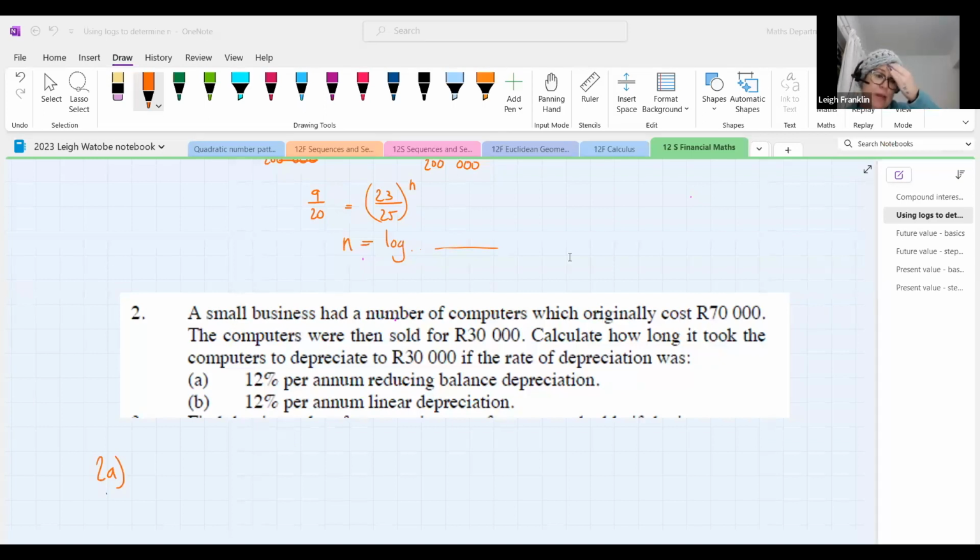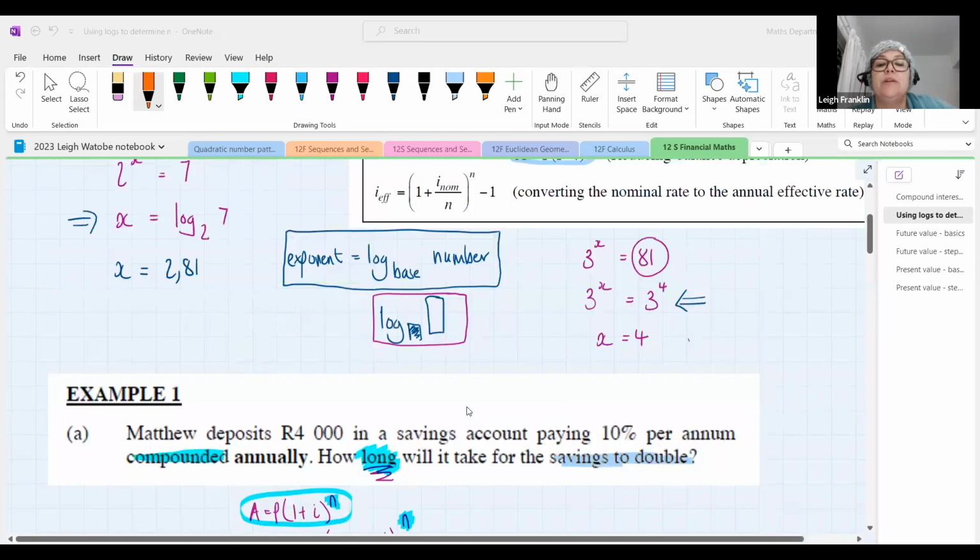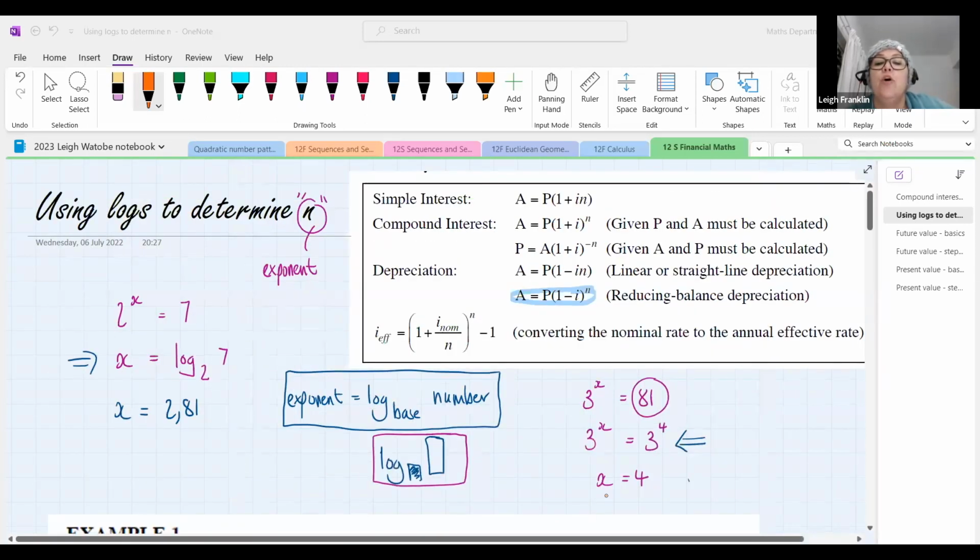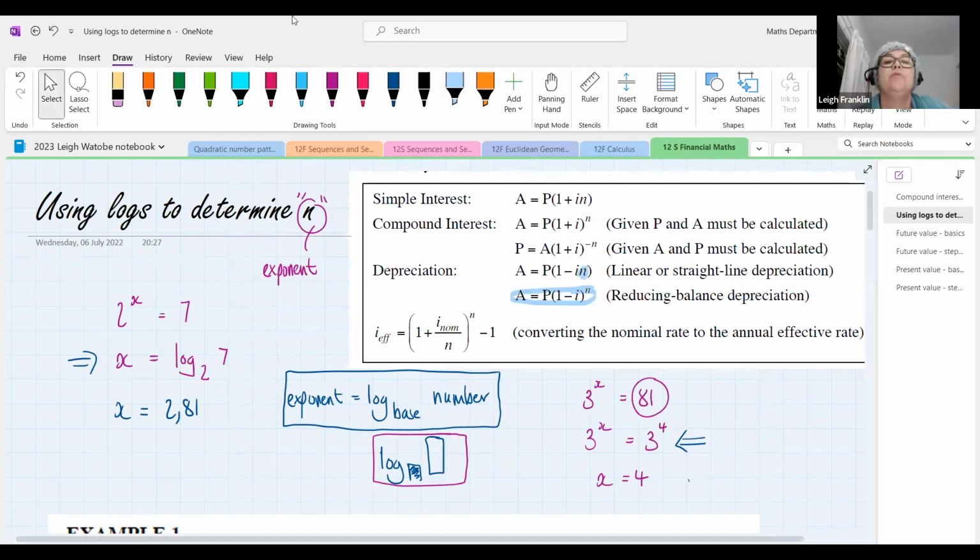In question B, would we use logs? No, exactly. We would not use logs. So if we go back to linear depreciation over here, what does the letter N here mean? That N in linear depreciation.